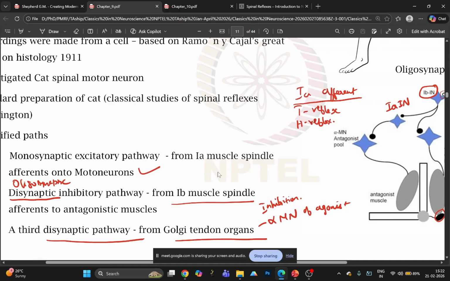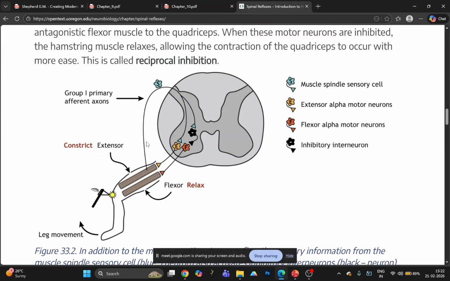Now, what does that mean? When the tendon is tapped, this quadriceps muscle, we discussed that the 1A afferents from the muscle spindle, basically the sensory neurons, are going to the spinal cord.